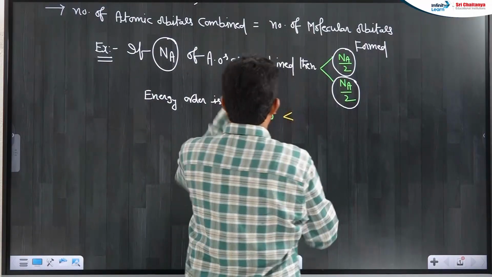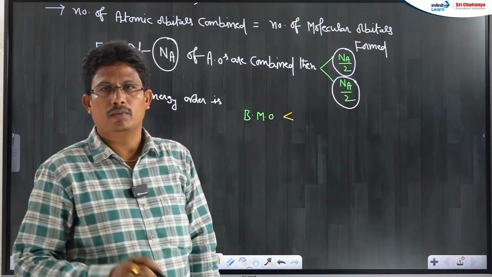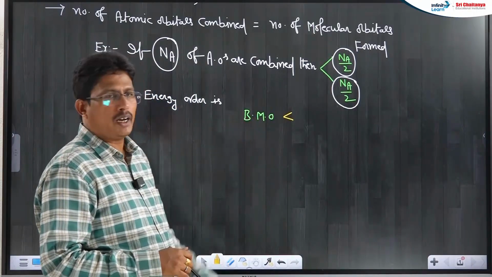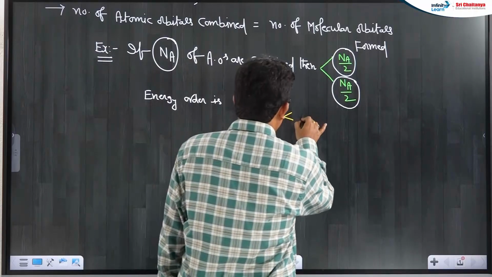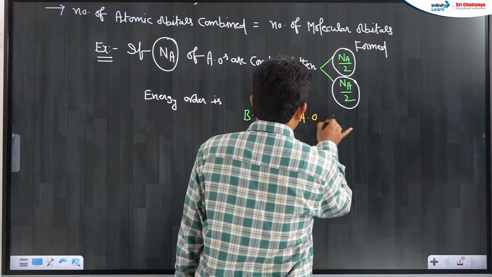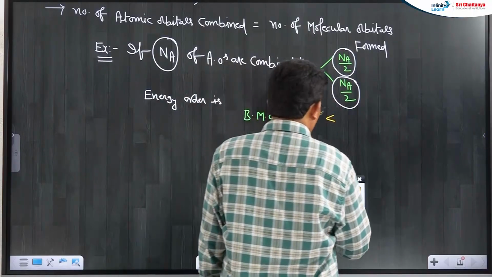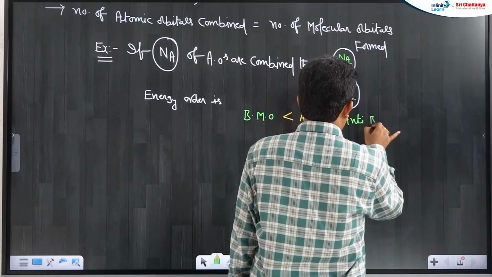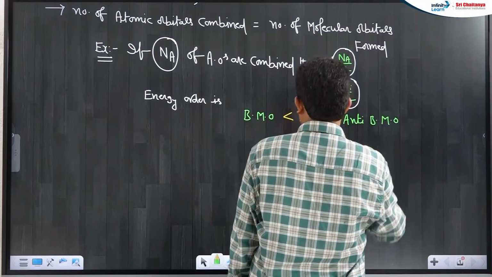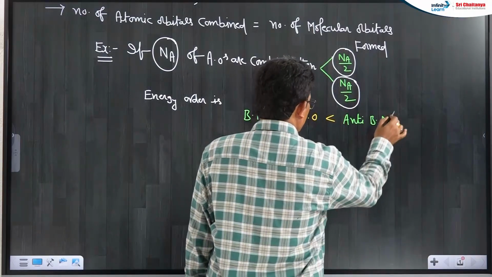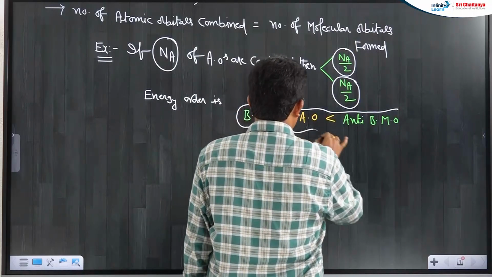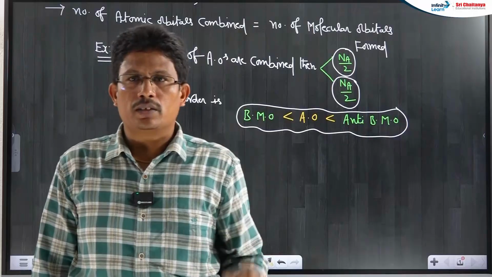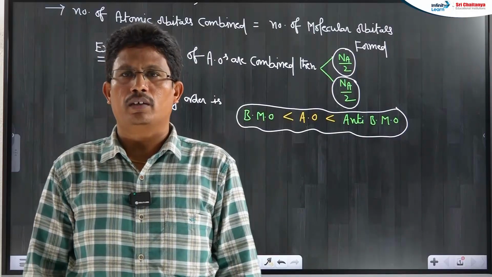If you observe the LCAO diagram, the bonding orbital has lower energy than the atomic orbital. The atomic orbital has lower energy than the anti-bonding molecular orbital. It is the order of energies of molecular orbitals. These simple points are also important.